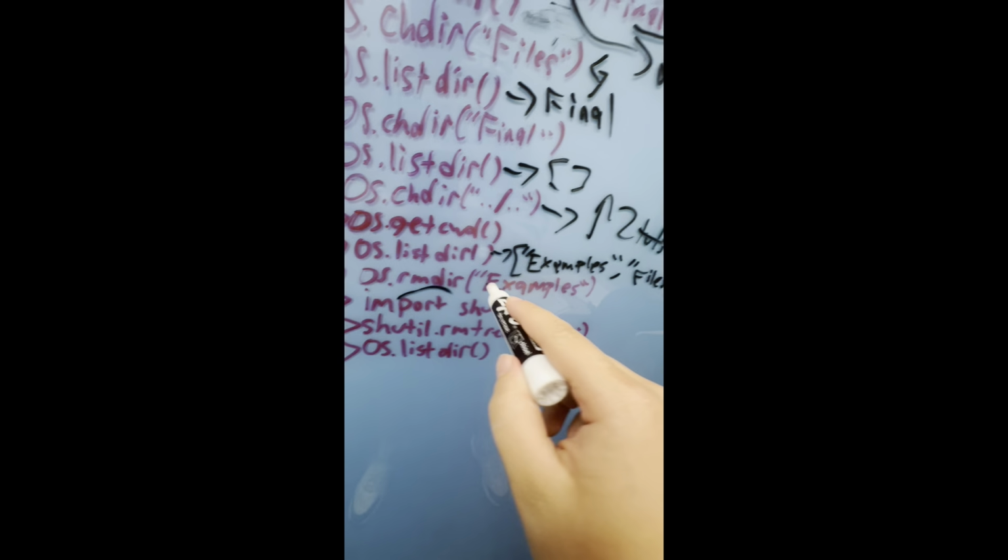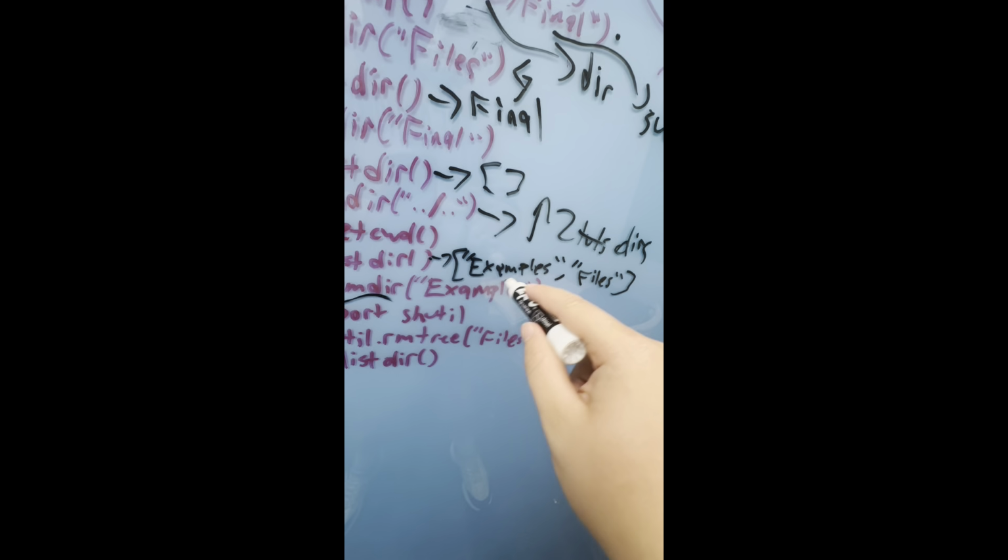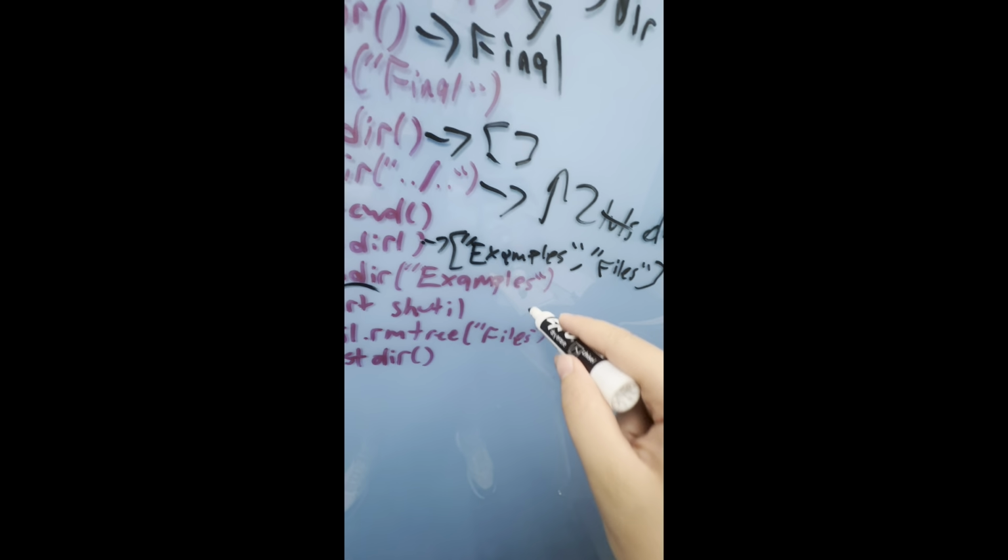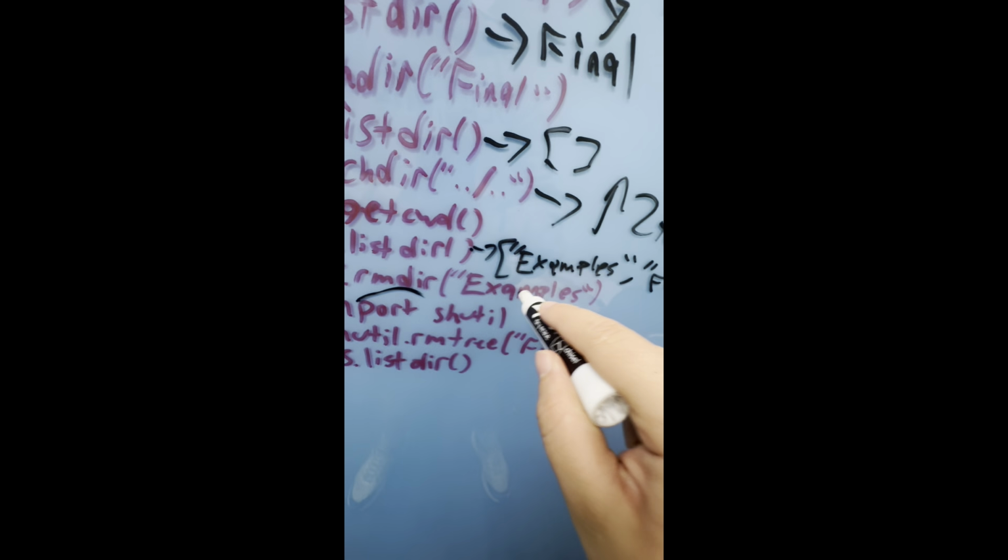Okay. So after that, this is what I was talking about at the beginning. rmdir, which removes an empty directory. Now the reason why I say empty is because, as you can see here, examples was a subdirectory, and that one didn't have anything in it, so that was why I was able to remove examples.